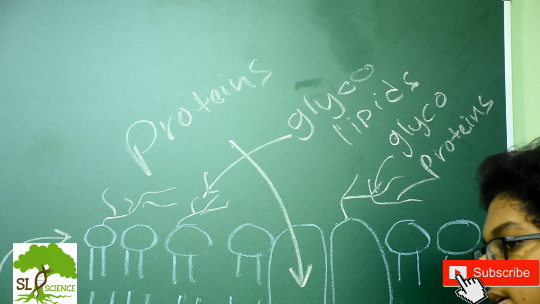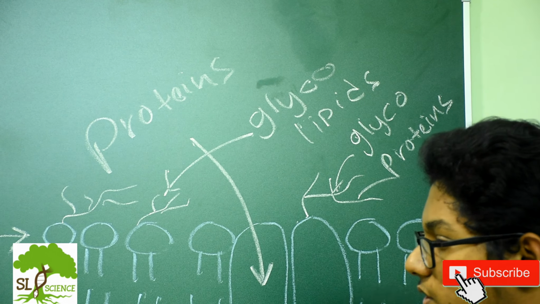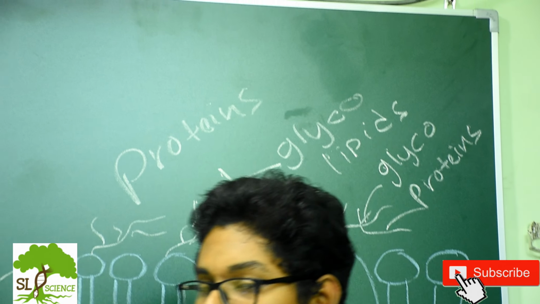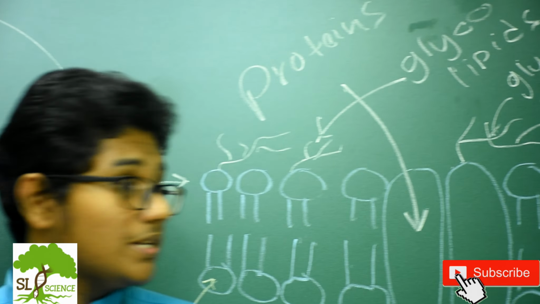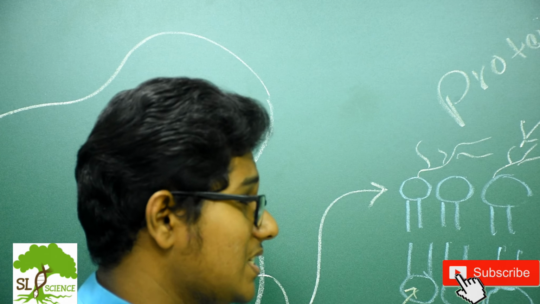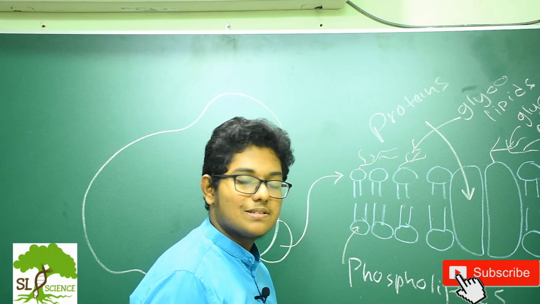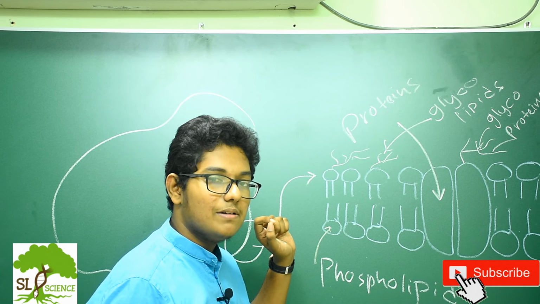But this structure is not very important to your GCE O-level examination. I just mentioned it because this is very important in your university studies and also in your A-levels.